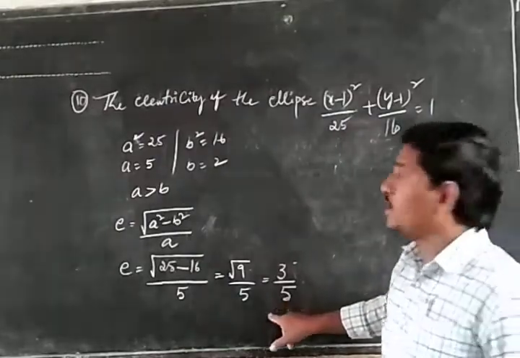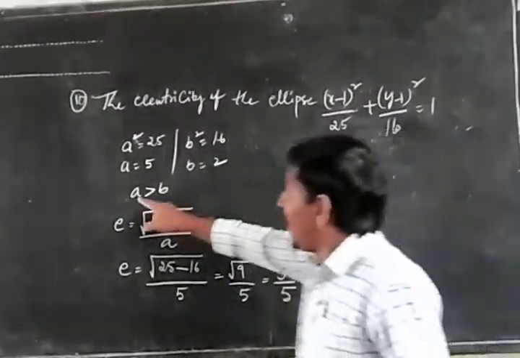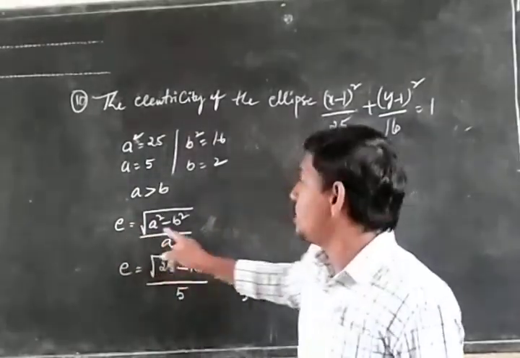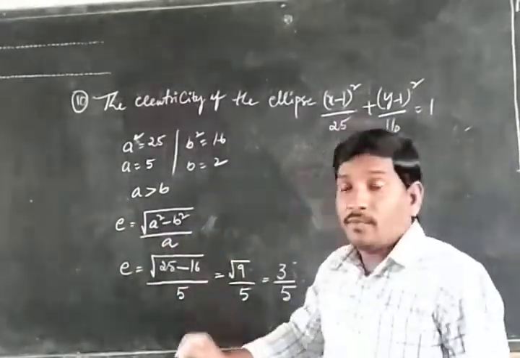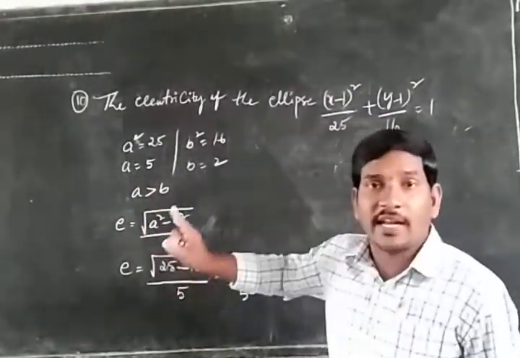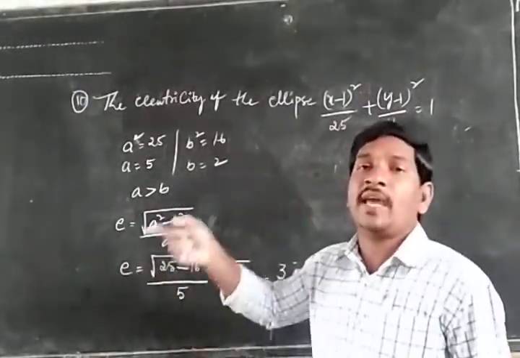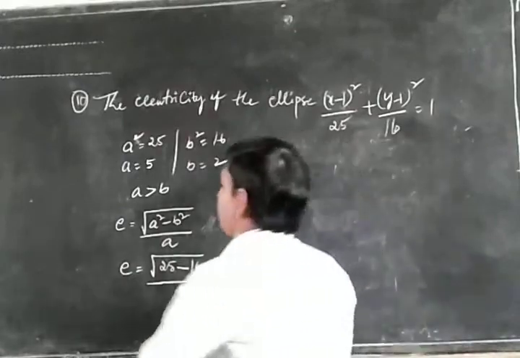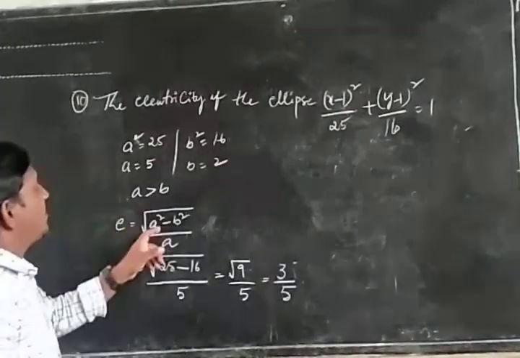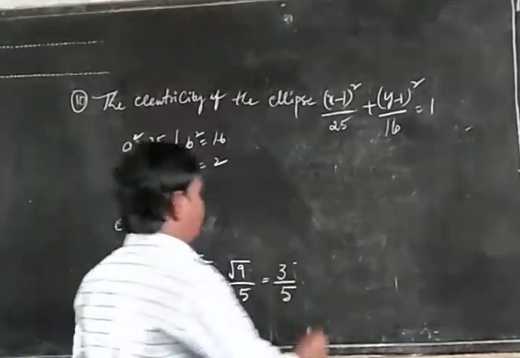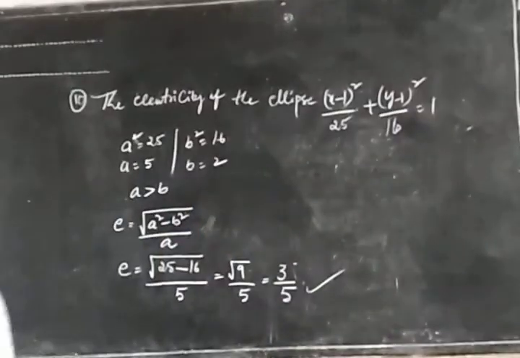If a greater than b, eccentricity equal to root of a square minus b square by a. If b greater than a, then e equal to root of b square minus a square by b. So simply 3 by 5. This is the 10th one.